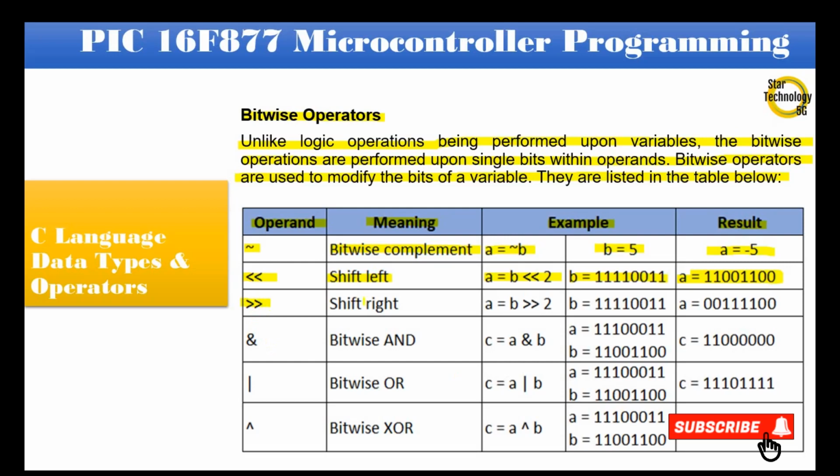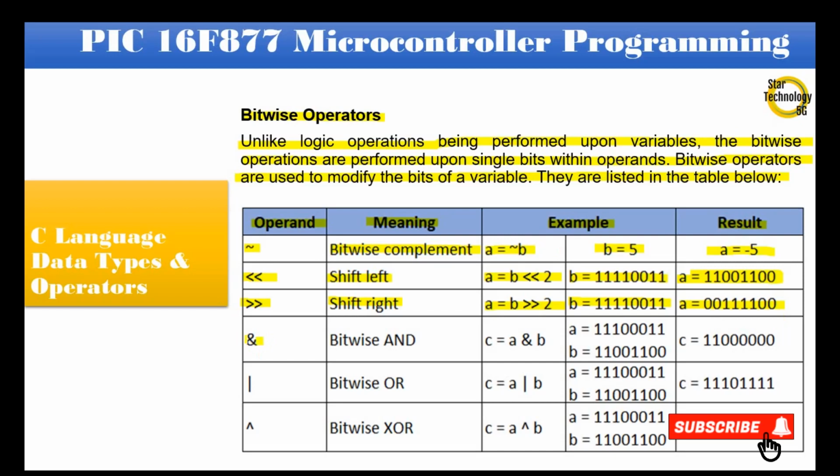Operand: right pointing mark, meaning shift right. Example: A equals B shift right by 2 bits. If B equals 11110011, it will shift the B right by 2 bits and save the data into A. Result is A equals 00111100.